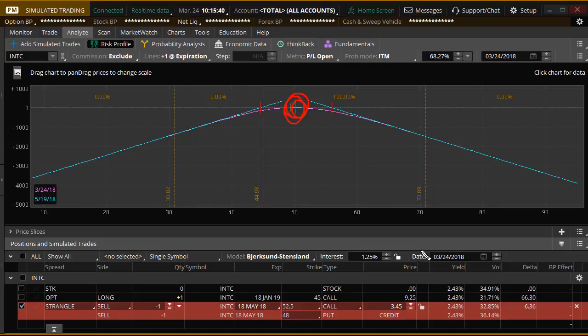A back ratio spread can be used for those. Because we generally get a big move at earnings, generally. But it may not be big enough to make up for a straddle or a strangle, where a back ratio spread might work.